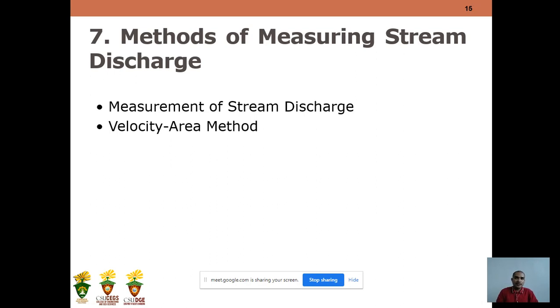The formula is Q = AV, if you are familiar with it, where Q is discharge, A is cross-sectional area, and V is velocity. Then another method to get the discharge of a stream is the slope-area method. We will discuss this, and this part is more on problem solving.